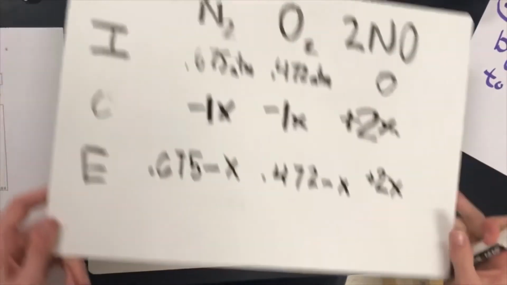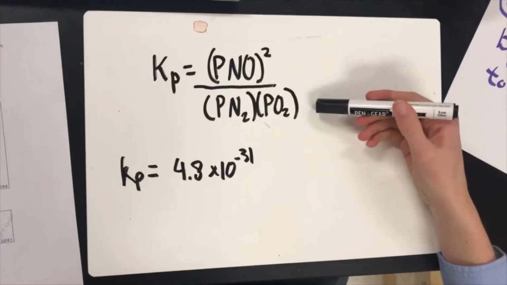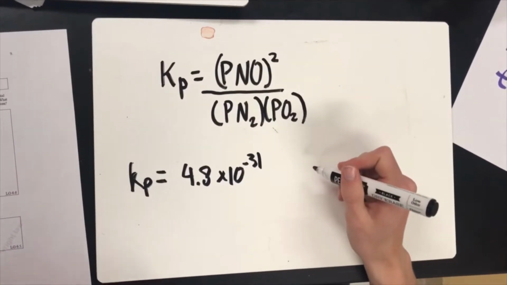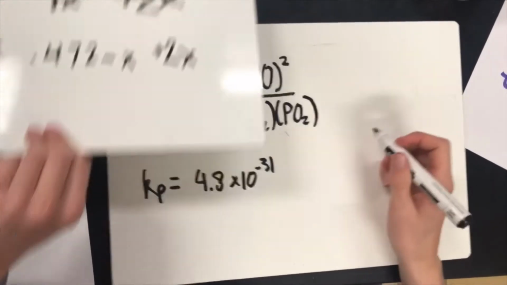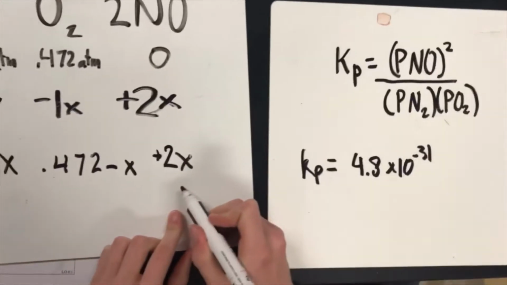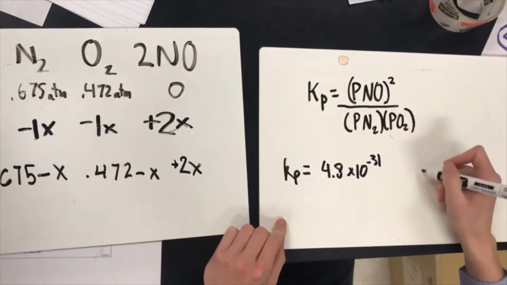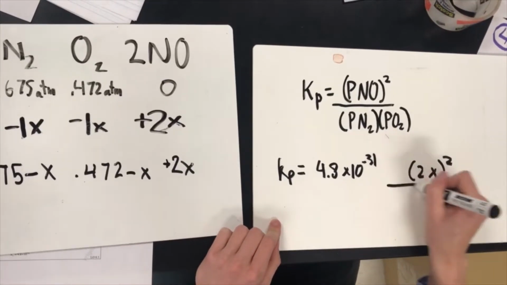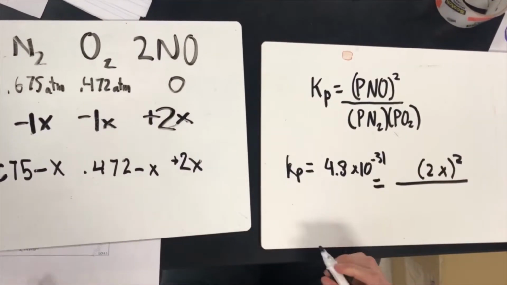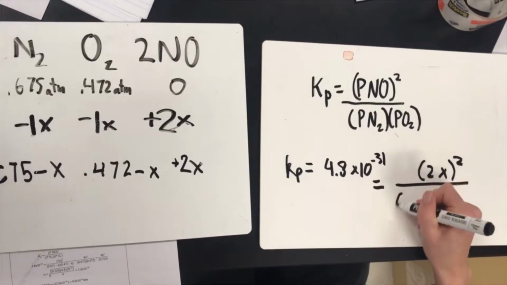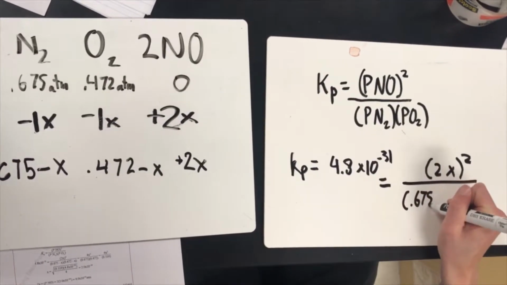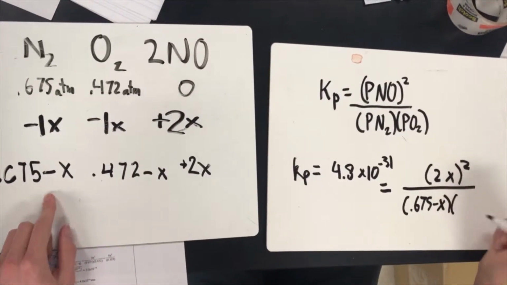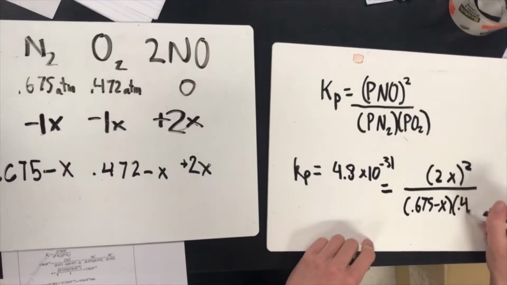Next, we substitute these values into this equation. So, the first part, we start with 2x in the numerator. So we have 2x squared over 0.675 minus x times 0.472.